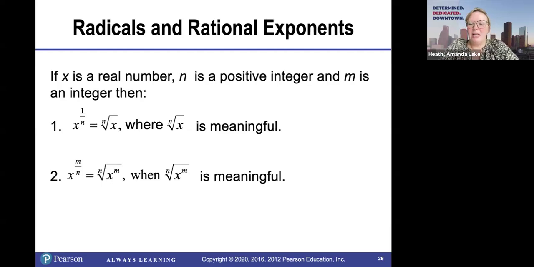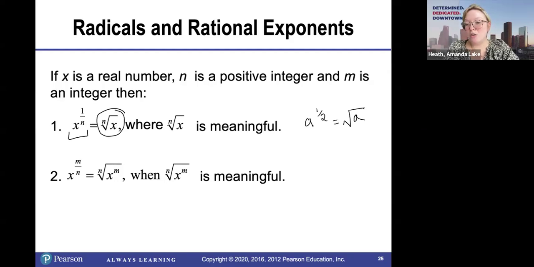So if we have a fractional exponent or rational exponent, and x is a real number, and n and m are both integers, then the way we define x to the 1 over n power is that's just the nth root. So for example, a to the 1/2 power would just be the square root of a.